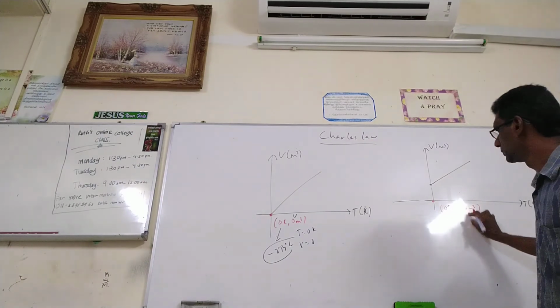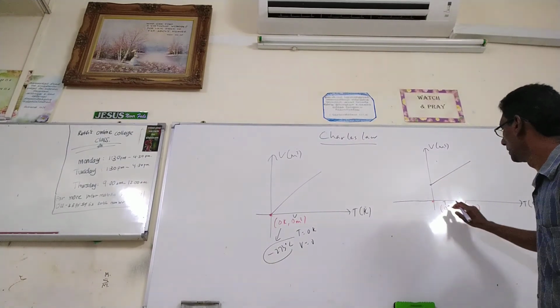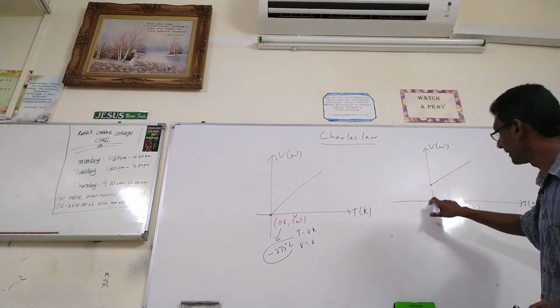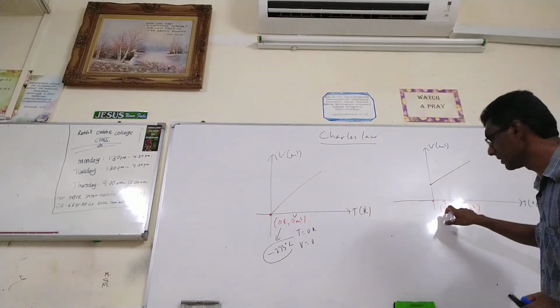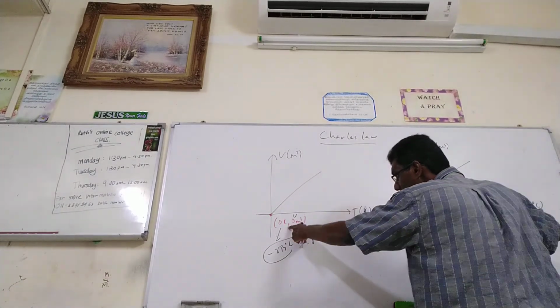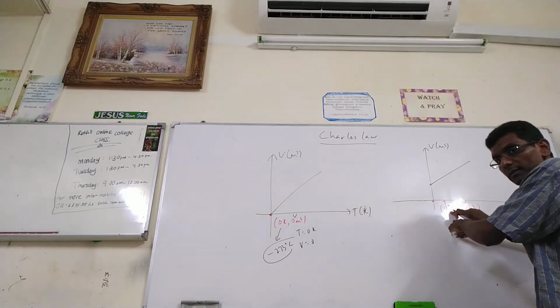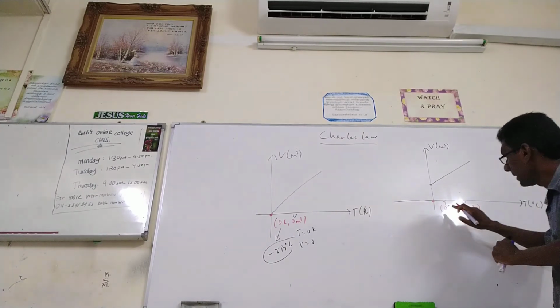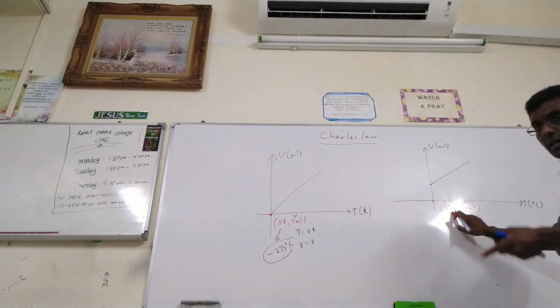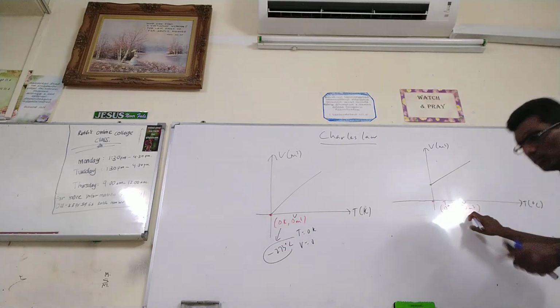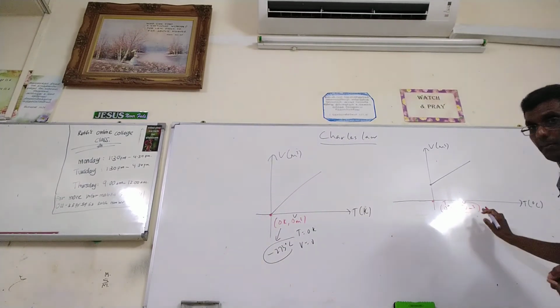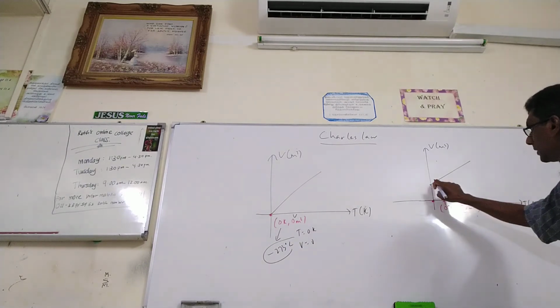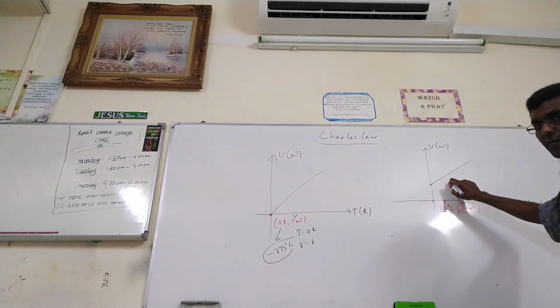There's a difference between 0 Kelvin and 0 degrees Celsius. At 0 degrees Celsius, there's a volume. For example, I give it simply as a number. There's a y-intercept, a volume starting from here.